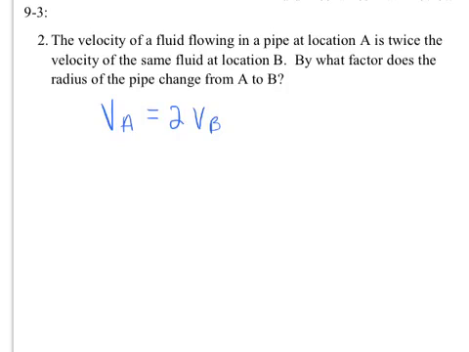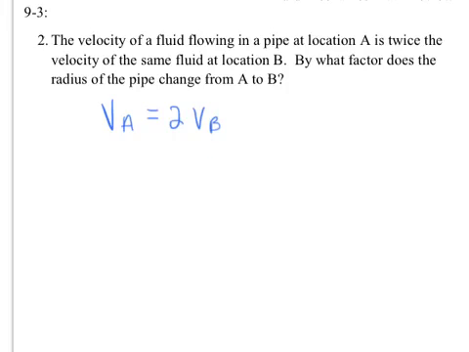Again, make sense of this, people. Take the words and make an equation from the words. It says the velocity at A is twice the velocity at B. So you're just following along.